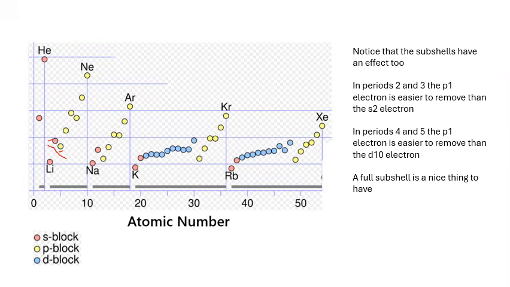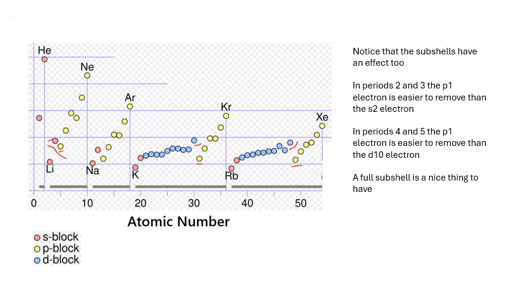Now why? Well, you're not actually cracking into a shell, but you would be cracking into a subshell to take away that S2 electron. So the subshells have their own stability. These two electrons in the S subshell are nicely balanced all by themselves and they don't want to be disturbed. Also, if we look in periods 4 and 5, the P1 electron, which is there and there, is easier to remove than the D10 electron, which is there and there, for the same reason.